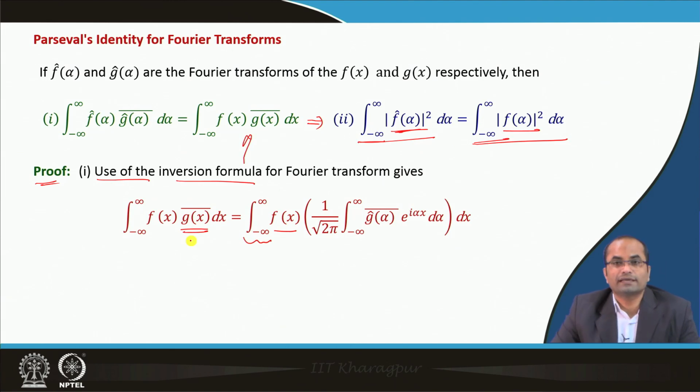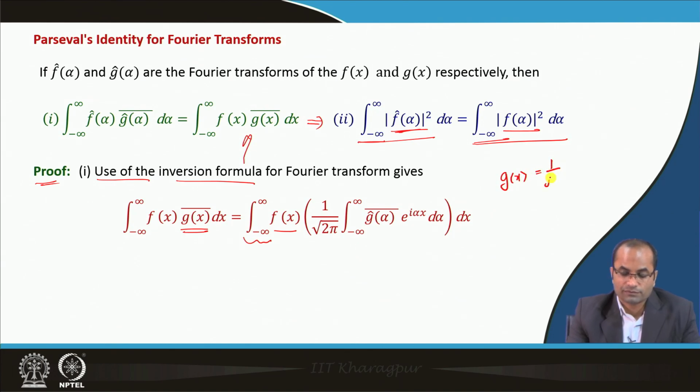For g we write the inversion formula. For g(x), the inverse Fourier transform says this will be 1 over 2 pi, the integral from minus infinity to plus infinity of g hat, and the exponential of i alpha x with a negative sign.